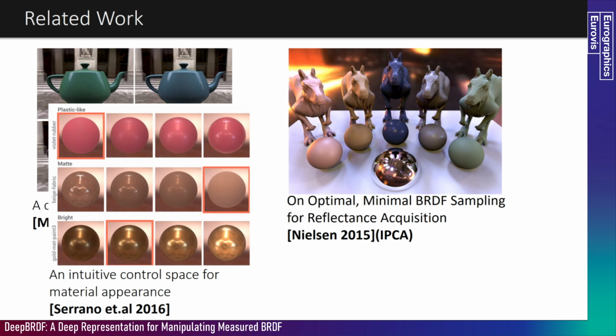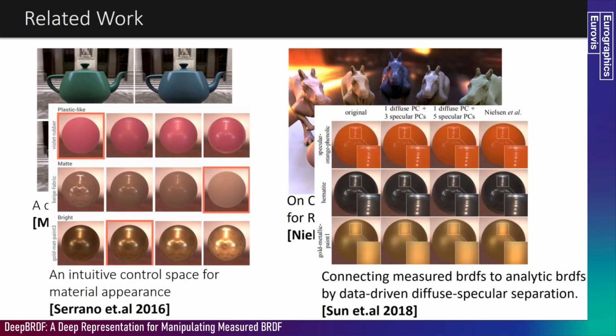To allow intuitive editing, Serrano et al. established the relationship between a handful of high-level perceptual attributes and the PCA coefficients of measured BRDFs. Sun et al. proposed a diffuse-specular separation strategy for measured BRDFs and suggested performing PCA for the diffuse part and the specular part of a BRDF separately.